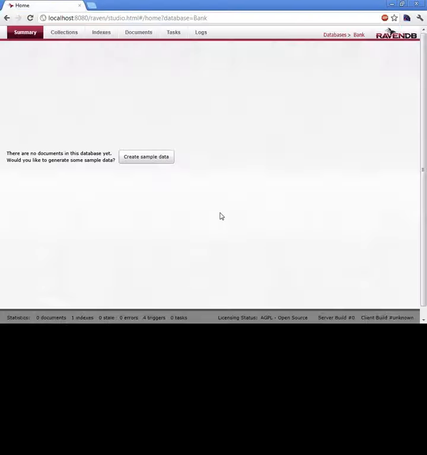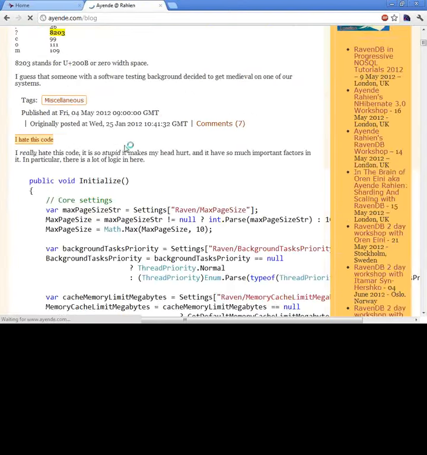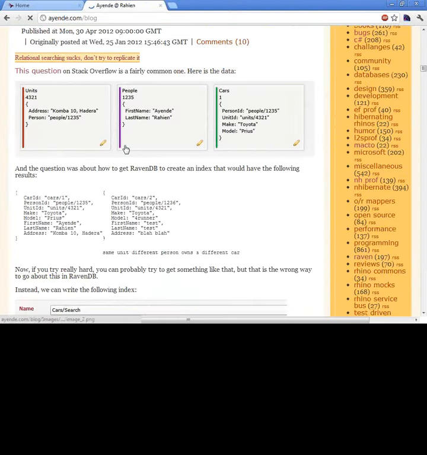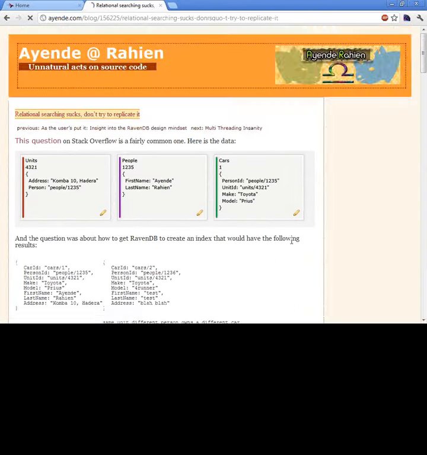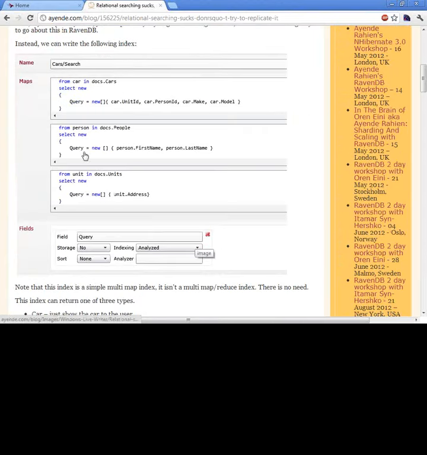This is basically the model that we have. Okay. So this is basically what we have here. And you can see that we have a multi-map on cars, on people, and on units. Yep. We can search on any of them.